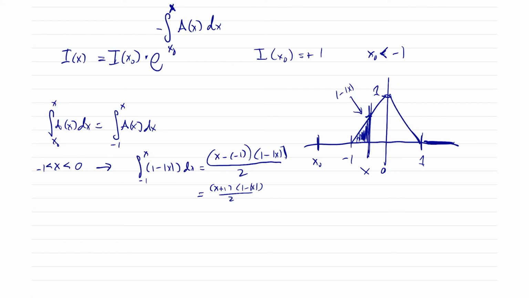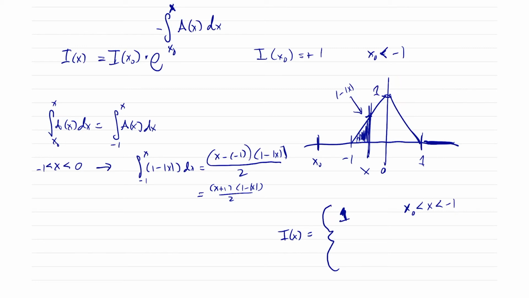So the intensity of x is, well, if x is less than -1, then it's going to be e to the 0. So to start, we're just going to be starting with an intensity of 1 for x being less than -1.